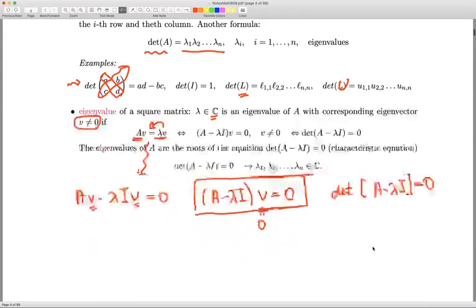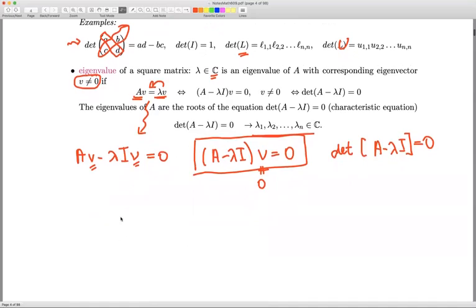Now, if one looks at the particular form of this matrix, this is the matrix A11, A12, A1n. Those are the entries of the original matrix A, A22, A2n, and so on. We have An1, An2, and then Ann.